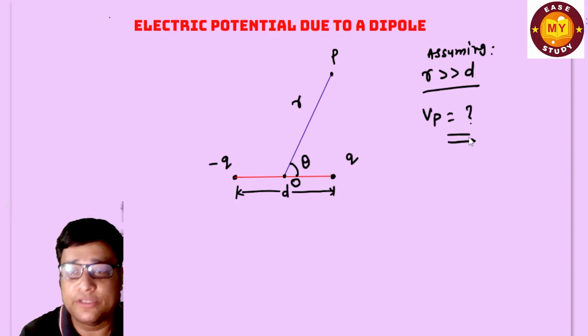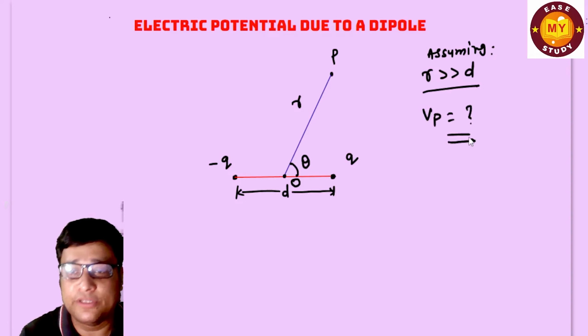If you join these two charges, you can also mark the endpoints as A and B. It is better to assume this triangle also, right? You know that we have to find the electric potential here. The potential is a scalar field, so to find the potential due to a charge distribution, you have to find the potential due to the individual charges and simply add them algebraically, right?